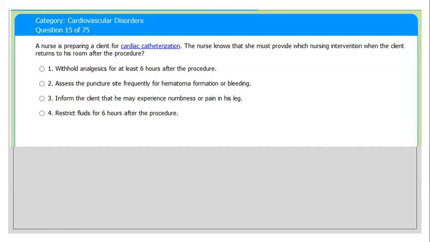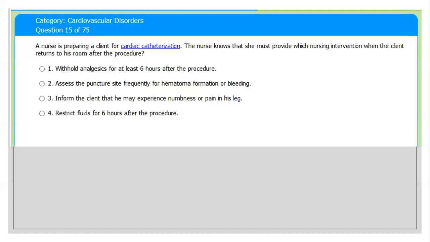Before we go next, I want to ask you, what is cardiac catheterization? Cardiac catheterization, also known as cardiac cath or heart cath, involves insertion of a narrow tube into the heart through an artery to examine how well the heart is functioning, right?